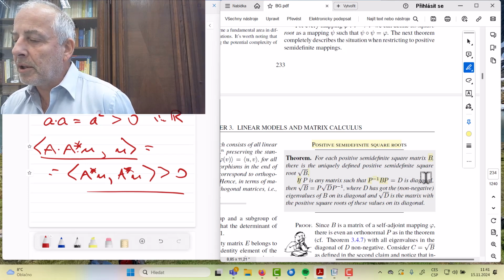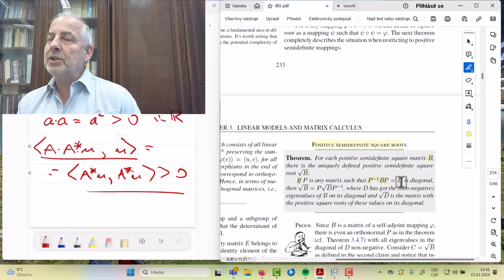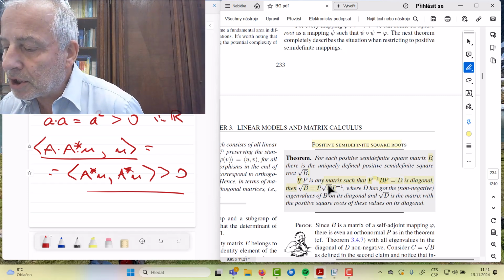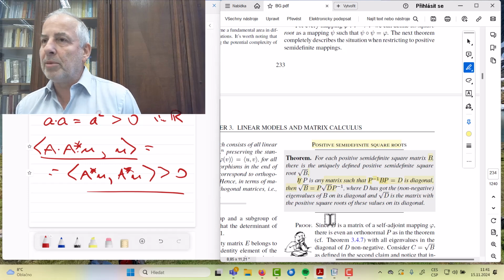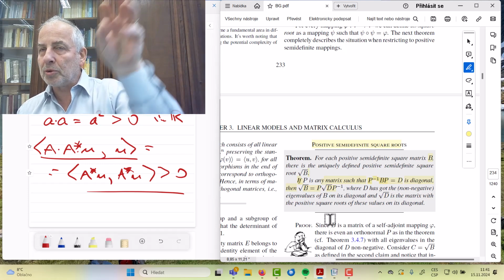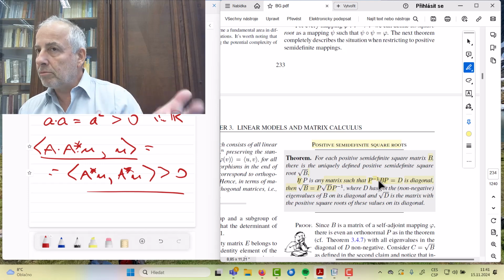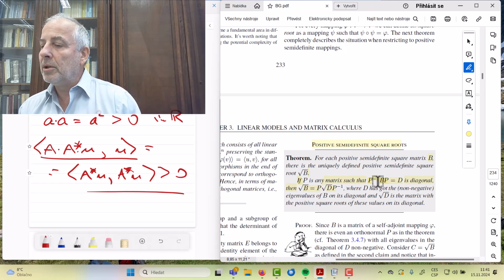And the diagonal components are reals which are all non-negative. So we can take the square root of D simply as taking the square root of all the non-negative real numbers on the diagonal, and then we simply go back by employing the same thing.